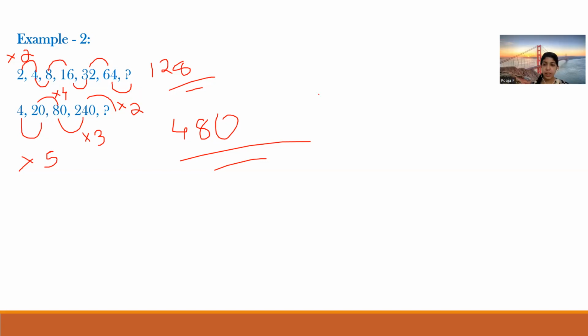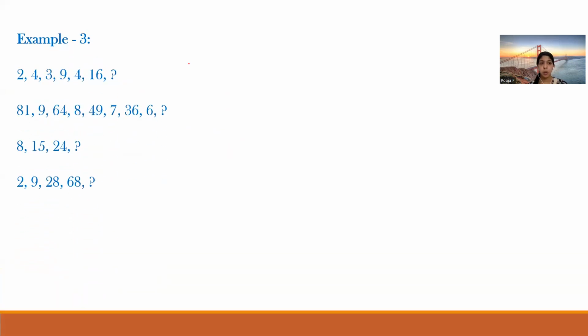Okay. In that case, we will be moving on to the next kind, and that is squares, square roots, cube roots. So coming to the square, square root and cube root sort of series, we'll move on to the examples. One thing I can tell you is it could be a direct relationship between the squares or square roots, cubes or cube roots, or some combination of the two.